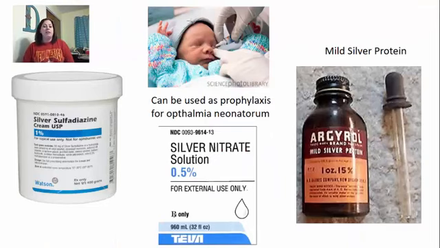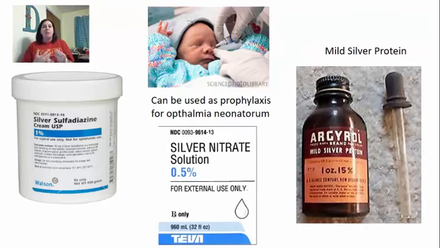One is the silver sulfadiazine. This one is going to be used a lot of times on burns. We also see that you can use silver nitrate solutions. These are used as a prophylaxis on babies. If you'll notice, once babies are born, they put these eye drops in their eyes, and the whole point is to help be proactive in making sure that there's no infections of the eyes.